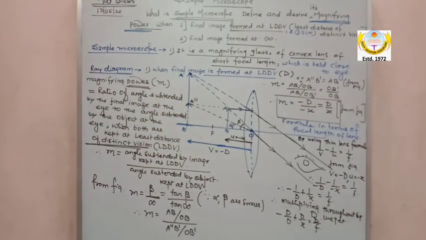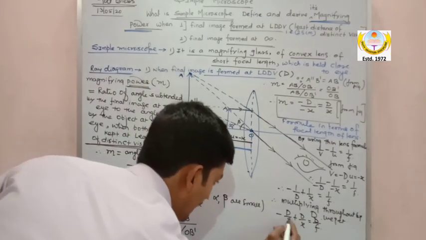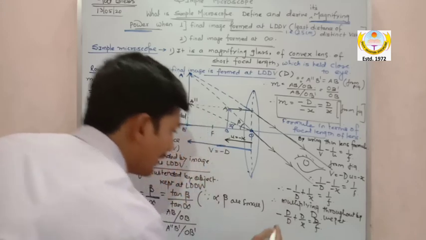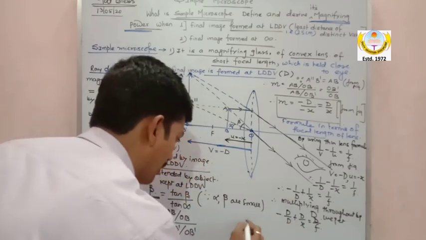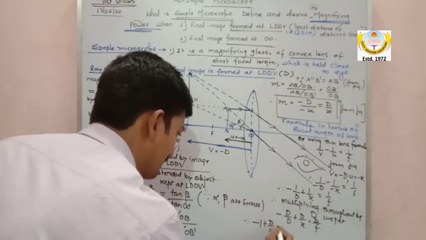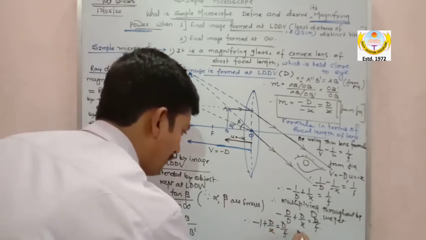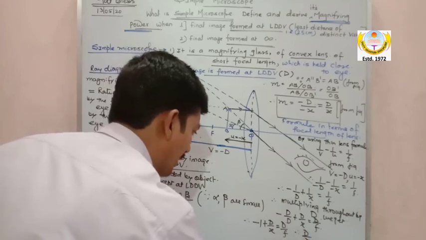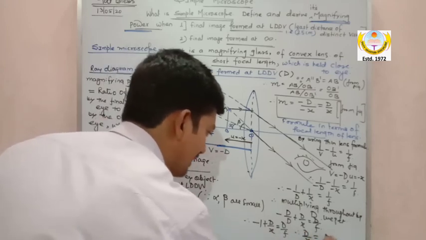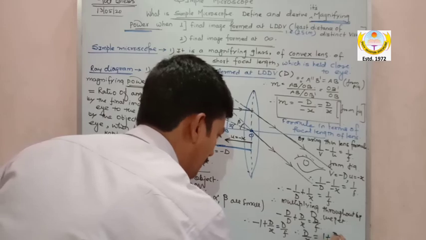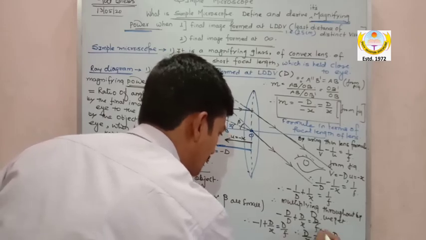Now this gives minus 1 plus D by x is equal to D by f. Therefore, D by x is equal to 1 plus D by f.